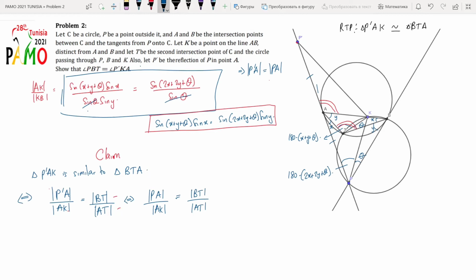In trig, that's another advantage of trigonometry. Once two things are equal, you can just do a direct replacement. So now, PA over AK is equal to PT over AT. This is what I want to show, that this ratio is equal. How can we go about it?